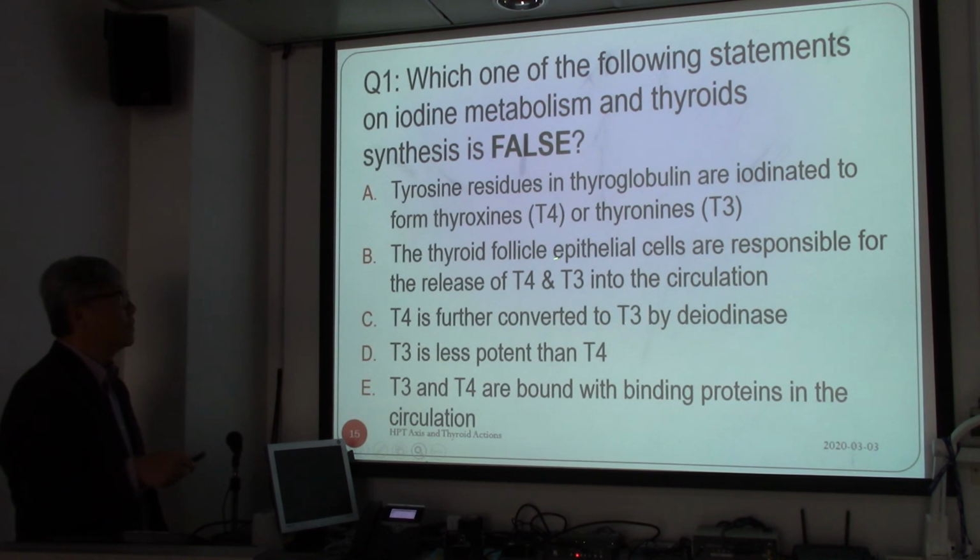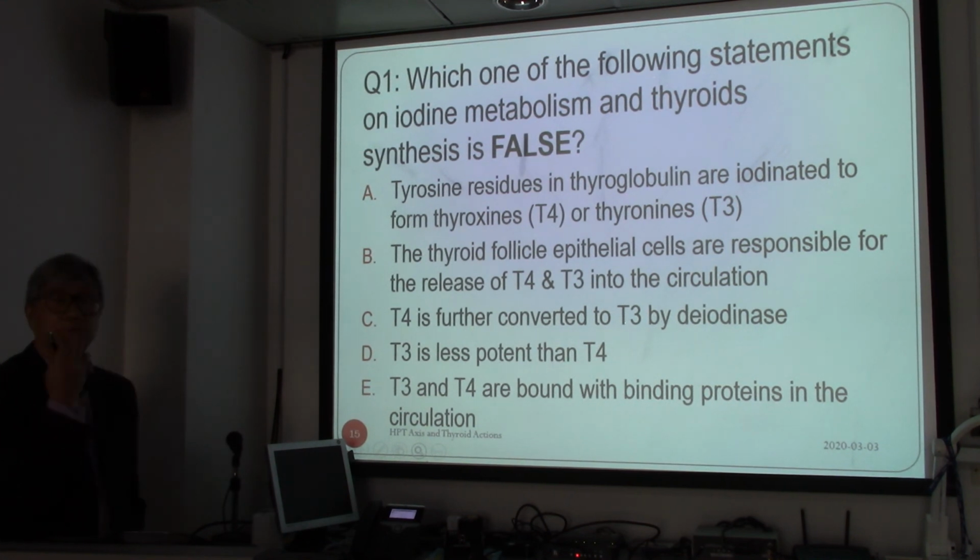B, the thyroid follicle epithelial cells are responsible for the release of T4 and T3 into the circulation. C, T4 is further converted to T3 by deiodinase. D, T3 is less potent than T4. E, T3 and T4 are bound with binding proteins in the bloodstream.